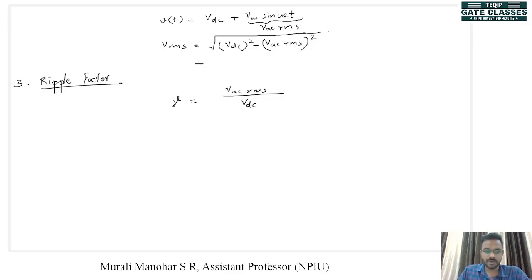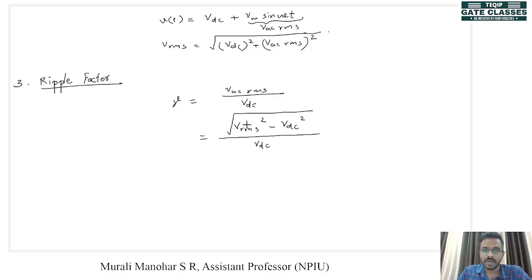From the above relation, we can see that VAC RMS is equal to the root of VRMS square minus VDC square. It is divided by VDC, and that gives us the ripple factor.